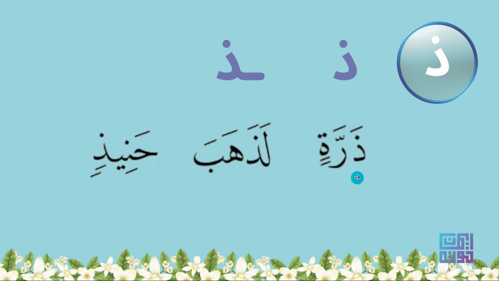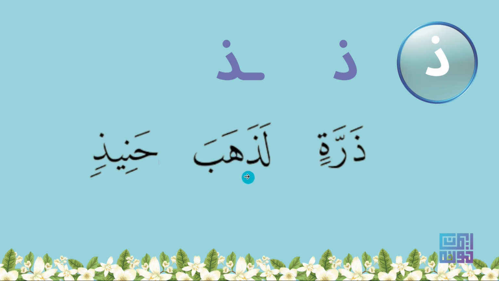So here, when it is at the beginning of the word, this is how it looks, exactly the shape that we know. And it's not connected with the letter that comes after it. And in this case, it's the letter Ra. So the letter Dal does not connect with the letter that comes after it.